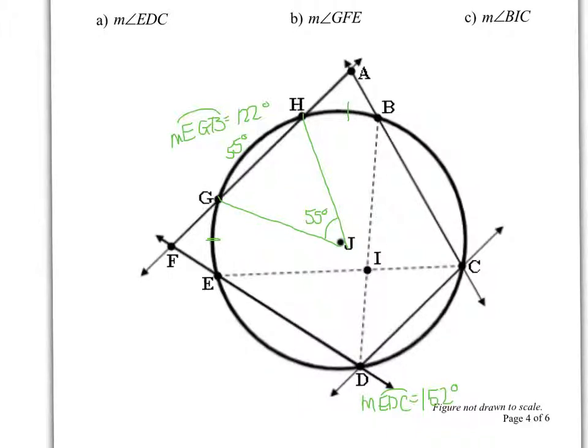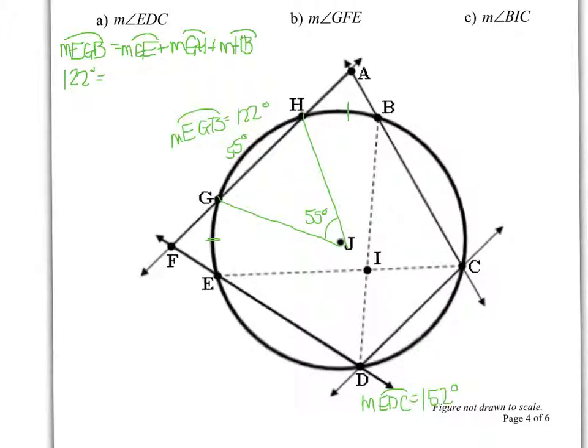So what we know is that EGB is 122 degrees, and it's made up of this 55 degrees and 2 congruent arcs. So the measure of arc EGB is equal to the measure of arc GE plus the measure of arc GH plus the measure of arc HB. Well, EGB is 122 degrees.